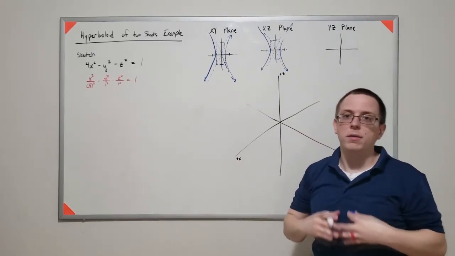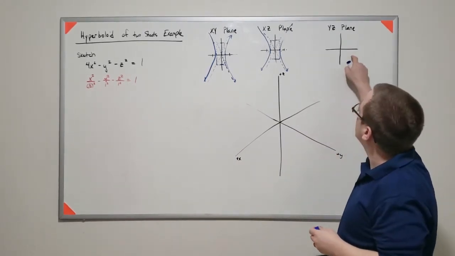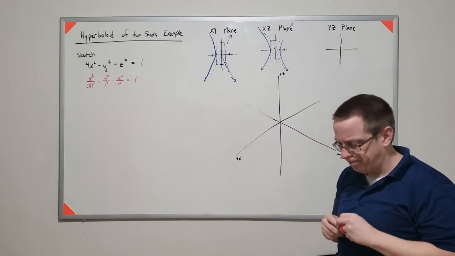All right, so now I have two hyperbolas, but I want to look at the yz plane.